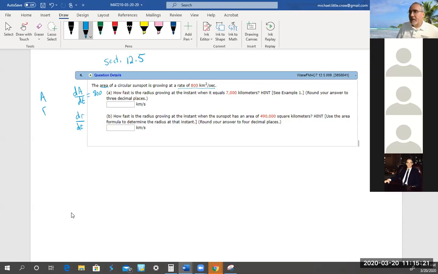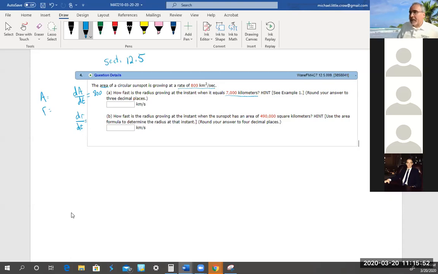And notice we're going to be able to somehow figure out the rest of this given enough of the other information. For part A, how fast is the radius growing at the instant when it equals 700 kilometers? So what they're telling us is that the radius is 700 kilometers. The question's asking what's dr/dt, what's the rate?